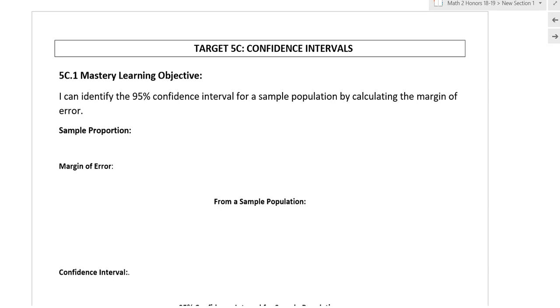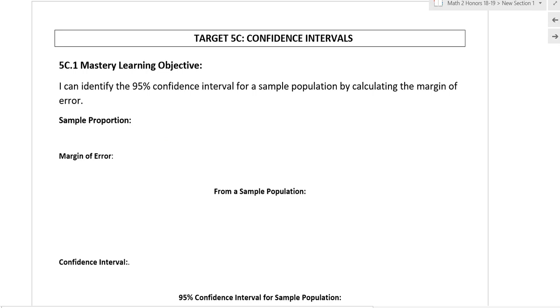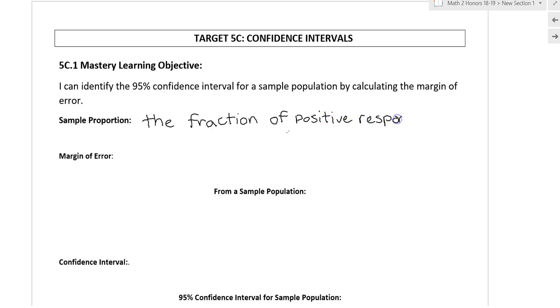Okay, so it's how many people responded positively. The fraction of positive responses over total responses.